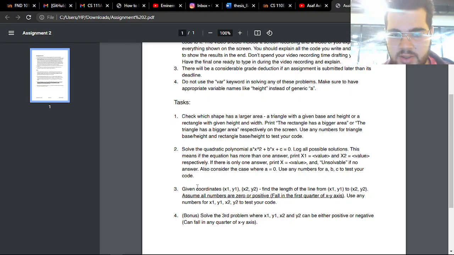The next task was to print the length of the line between two points when the coordinates of the points were given, and to assume that all numbers are 0 or positive.